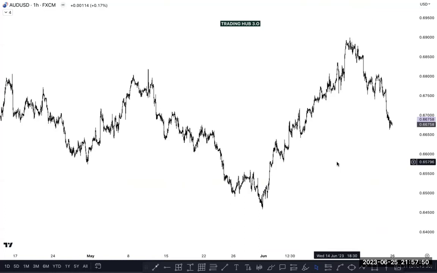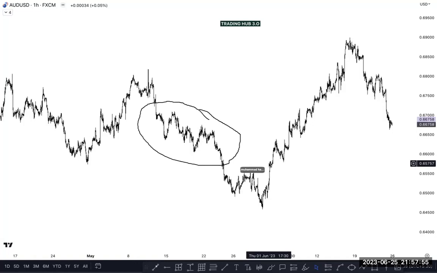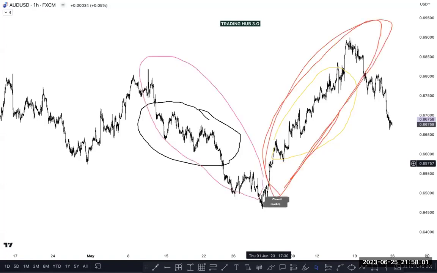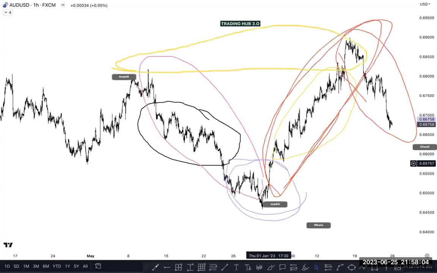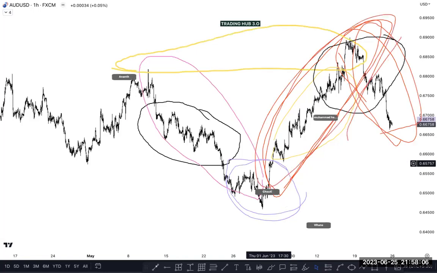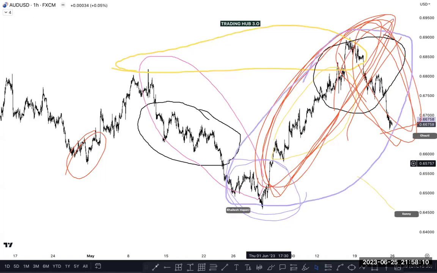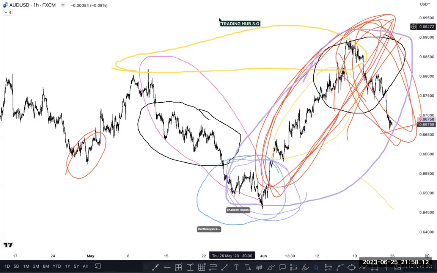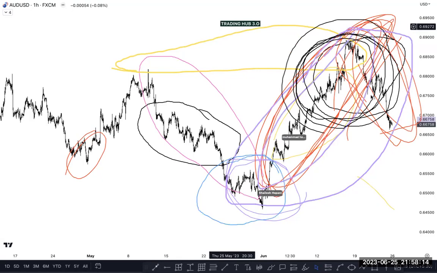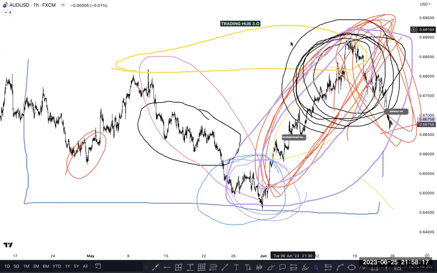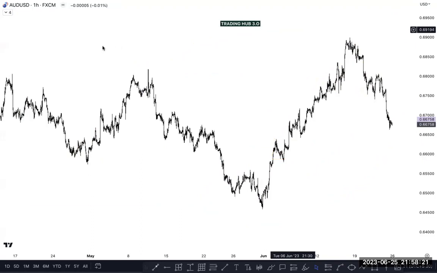Anyone? Okay. Bearish and bullish. Okay.